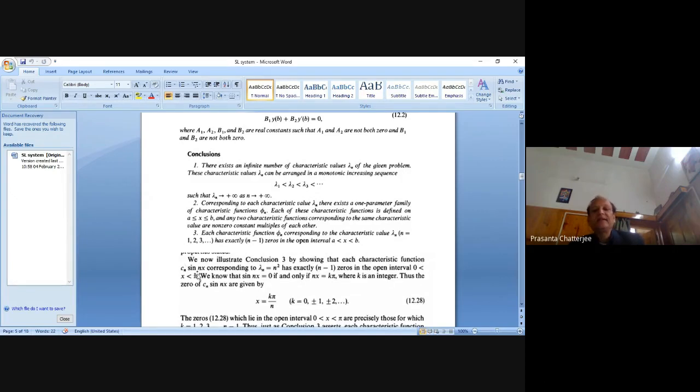That is, Cn sin nx is the characteristic function corresponding to the characteristic value lambda n equal to n square, and naturally sin nx has n minus 1 zeros in the interval 0 to pi. That is, sin nx equals 0 if nx equals k pi, or x equals k pi by n for all values of k.